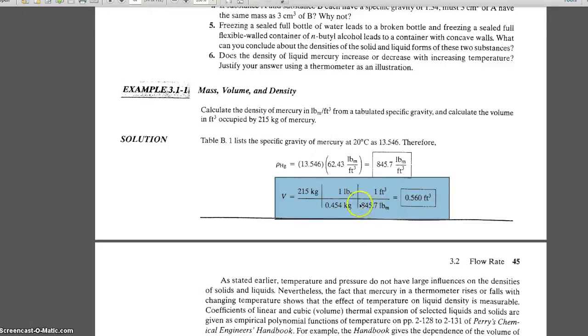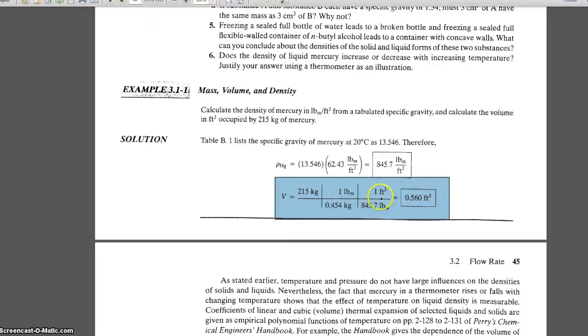The solution was prepared for 215 kilogram, change it to pound. So a pound equals 0.454 kilogram, and we can multiply it by the inverse of the density of the mercury.